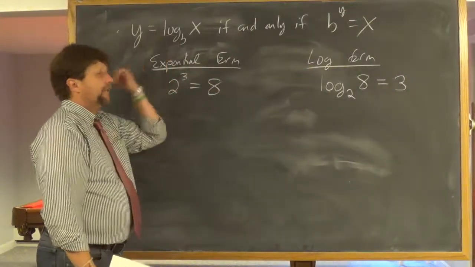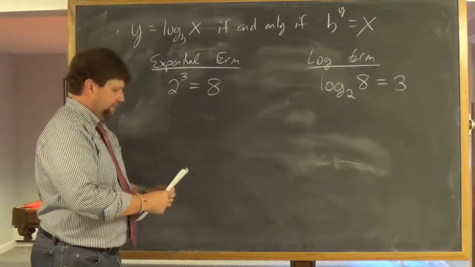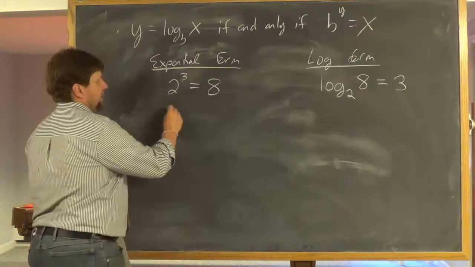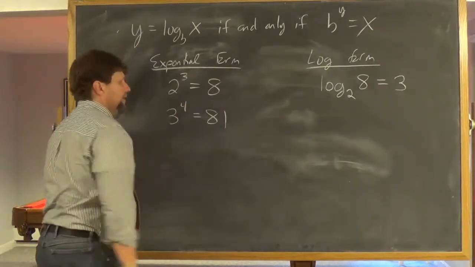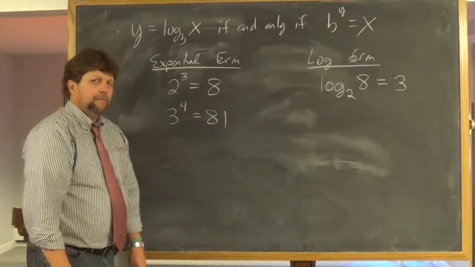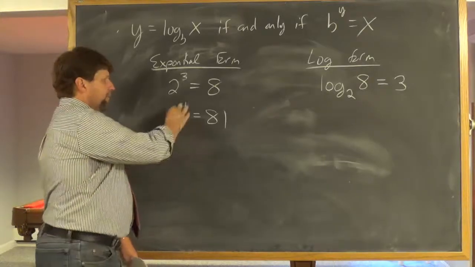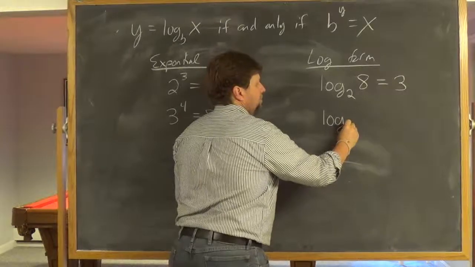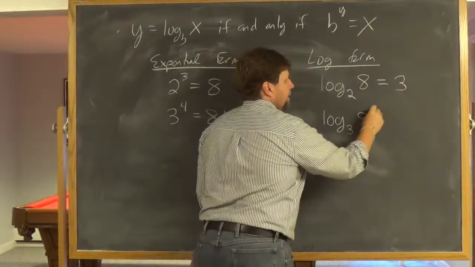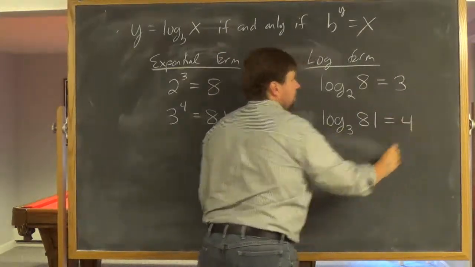It's just using this fact up here that I've written down. Let's try another one. 3 to the fourth equals 81. In logarithmic form, that is log base 3 of 81 is equal to 4.